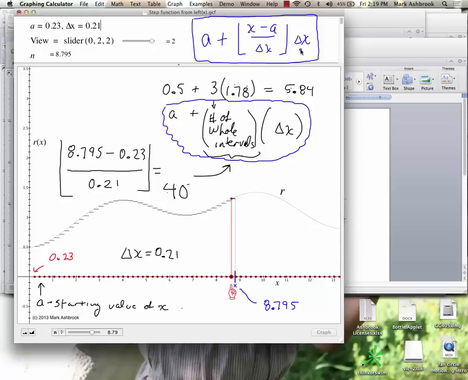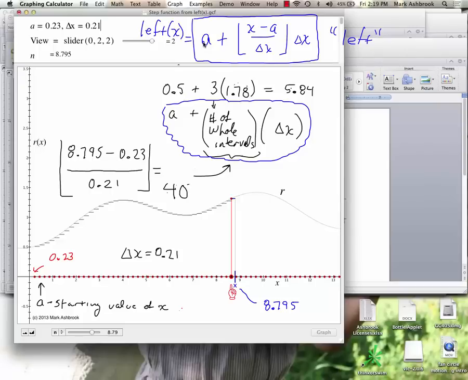Anybody have a question? So this is a function, and we call this left. At the output, we say left of x. This is called the left function. Left of x is a plus the floor of x minus a over delta x, times delta x.